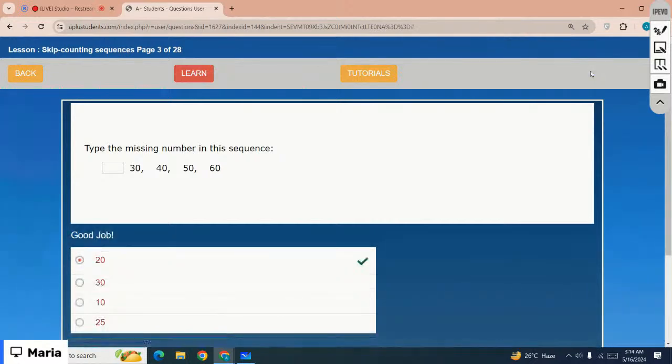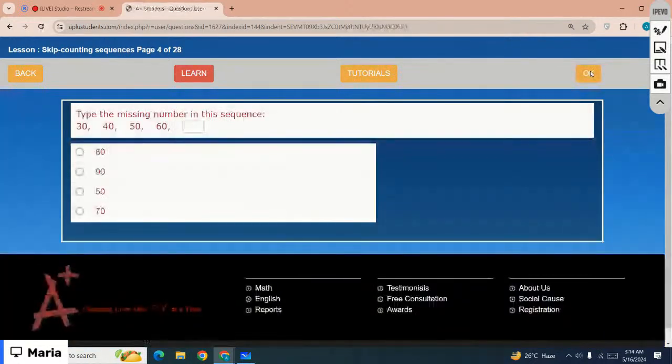Okay, next one is, type the missing number in the sequence. So, which is the correct option? The correct option is 70, right?